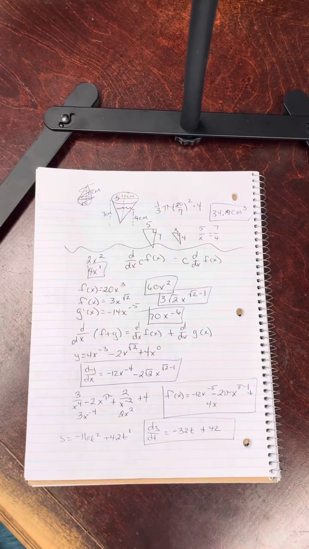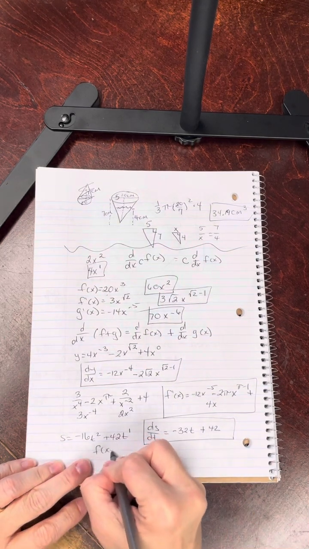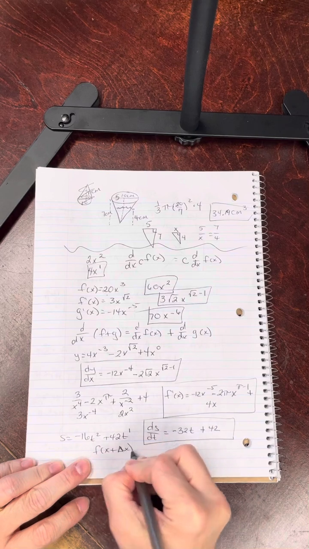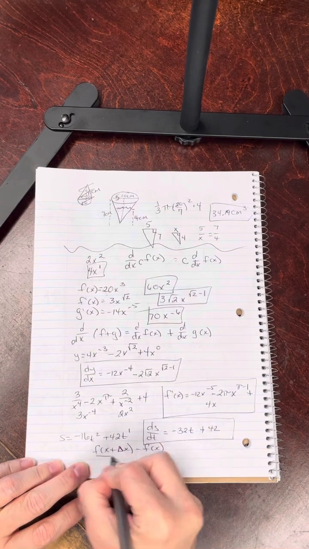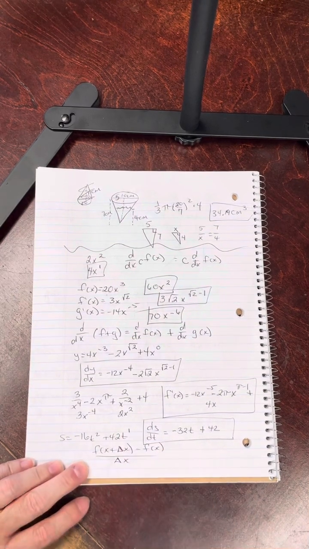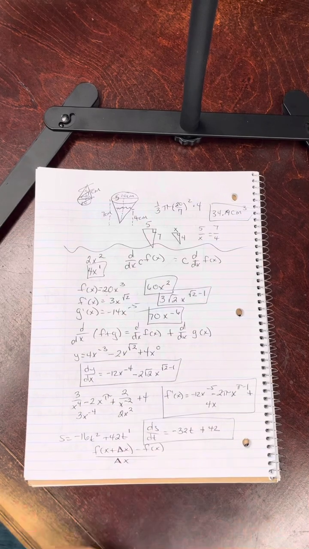And now part C, alternative notation. So they go back to the original equation with your f of x plus change in x minus f of x all over change in x. And I was trying to darken that side and I missed.